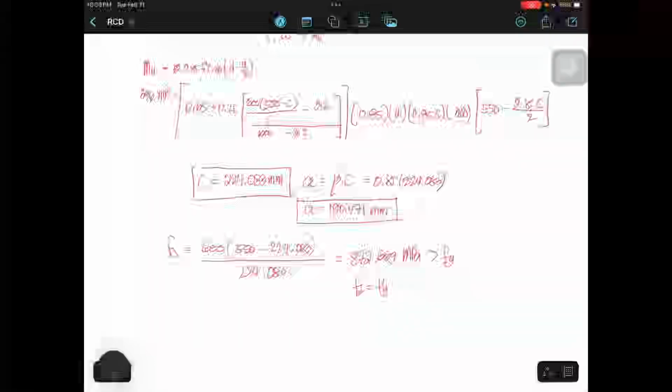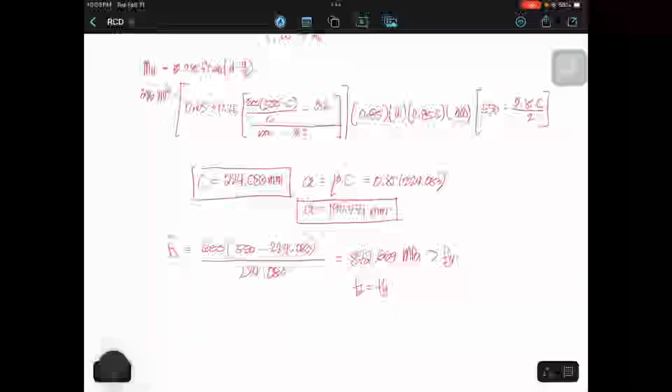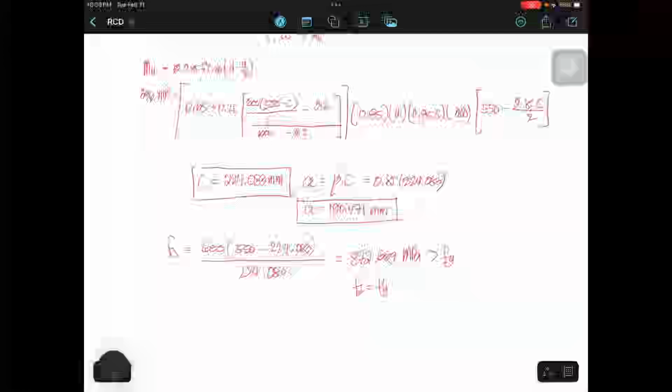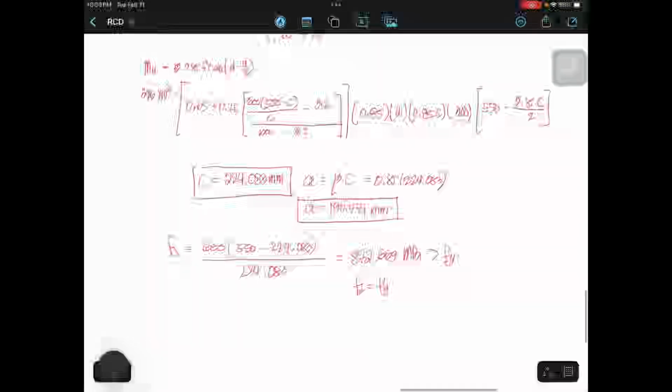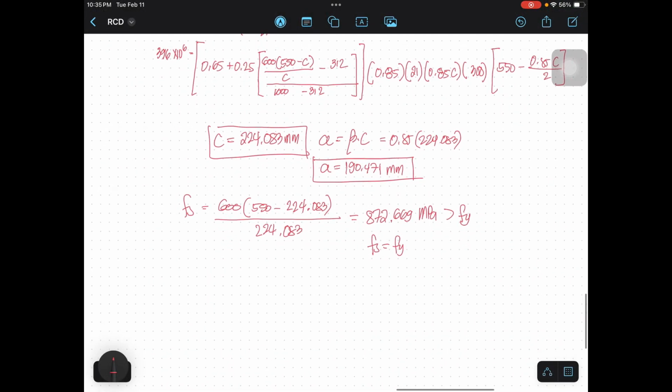So we can safely assume that if Fs is greater than Fy, for design or analysis purposes, Fs can be the same as Fy. Again, if Fs is much larger compared to Fy, we can just use Fy. Okay.